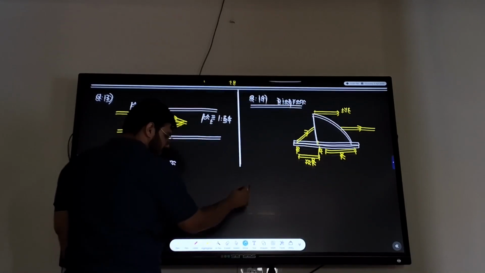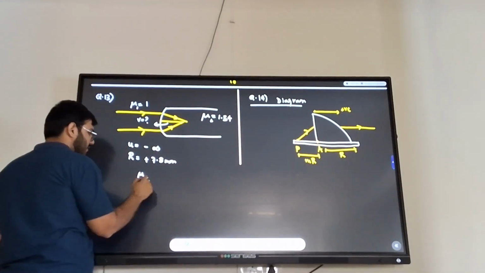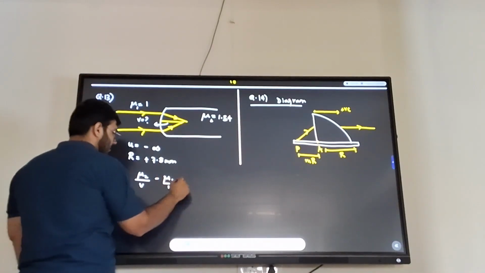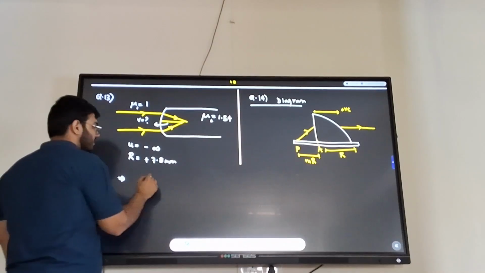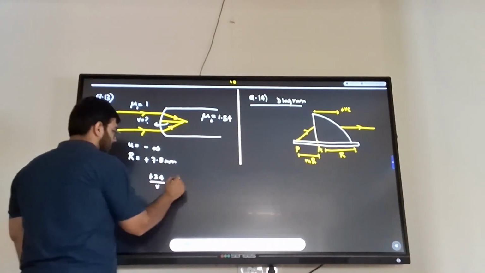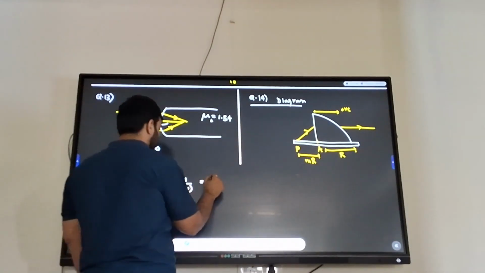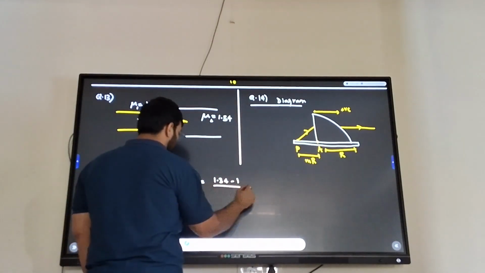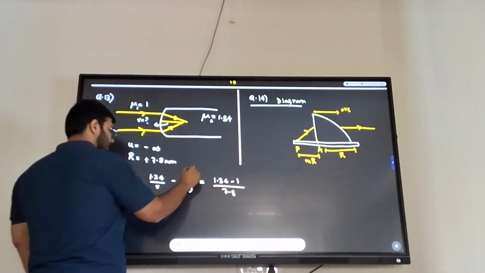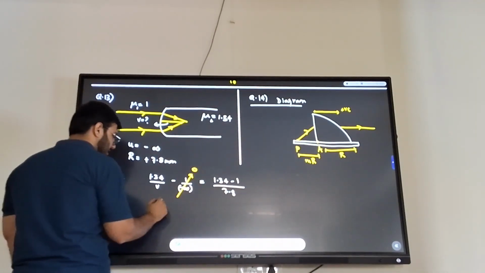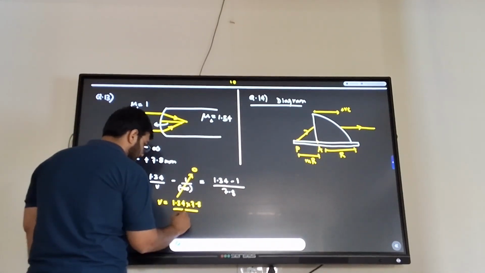Then let's apply the formula and let's try to get the V. So it's mu2 by V minus mu1 by U is equal to, let me apply the formula directly. Mu2 is 1.34 by V minus 1 divided by infinity, that's equal to 1.34 minus 1 divided by 7.8. Say this goes to 0 and you will get something like V as 1.34 multiplied by 7.8 divided by 0.34.